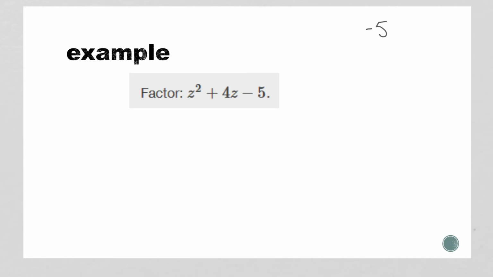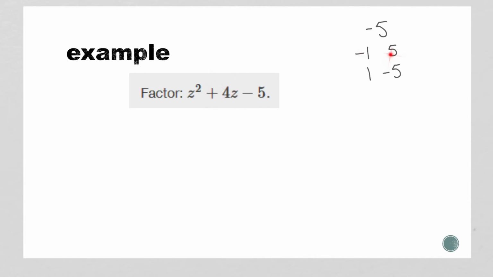Check this out. Negative 1 and positive 5, those multiply to be negative 5, don't they? Okay, what about +1 and -5? Haha, I tricked you kind of. But it's true because +1 times -5 is also a -5. But there's only one of these that has a sum of +4.